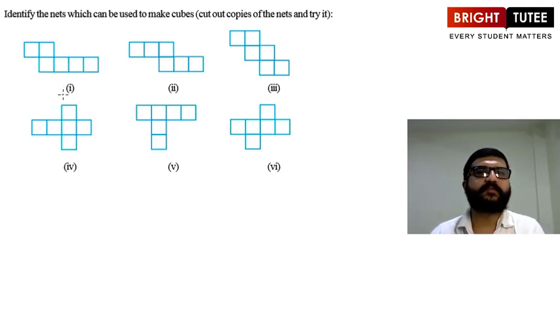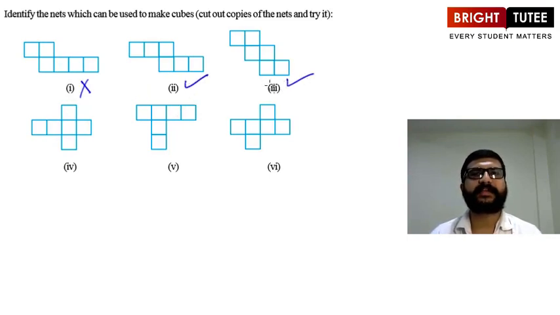So here again we have to perform this using an activity, which will be a much easier way to solve this question. When you cut this from a piece of paper, you will find that from the first figure you are not able to get a cube, but from the second one you will get a cube.